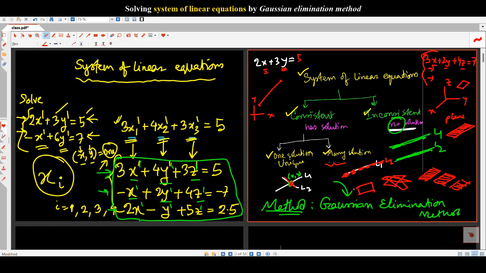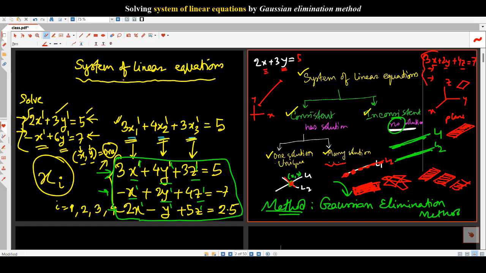If the planes are lying on one another, they are coinciding, the 3 planes are the same, at that time there are many intersections, there are many points, so there will be many solutions. So this is how you can think about 2 dimension, 3 dimension.